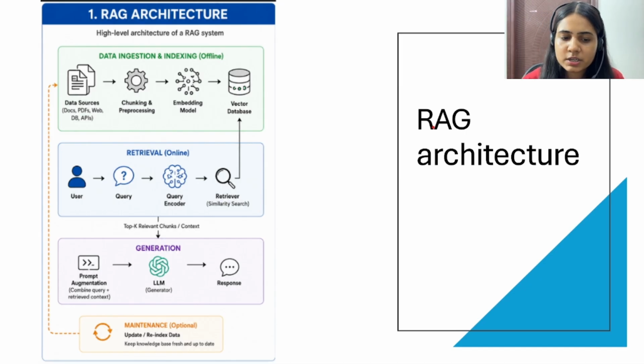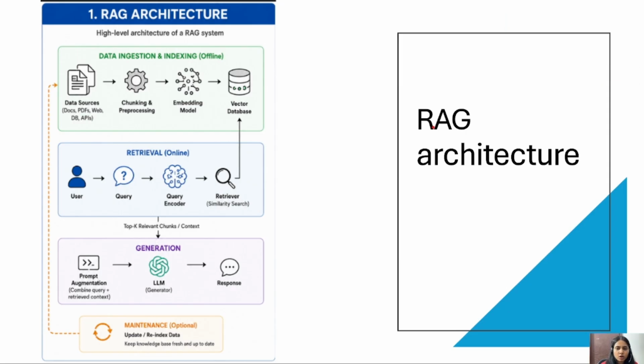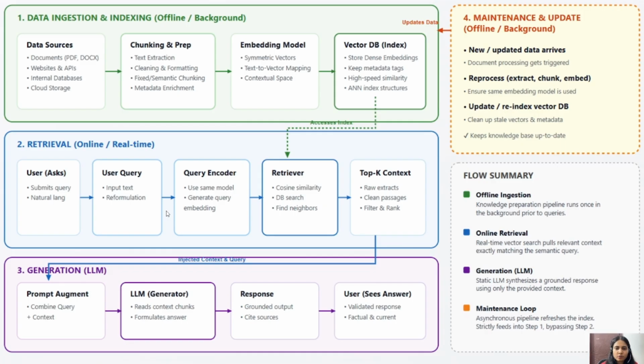In this generation layer, the LLM processes the user's query and the vector DB's top k relevant chunks, performs analysis accordingly, and then produces the responses for us. So we understood how these components are connected with each other to make this architecture. Now we'll see the detailed version of this architecture.